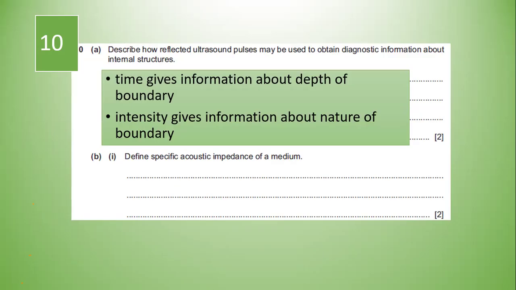Define specific acoustic impedance of the medium. Okay. Product of density of the medium and speed of the ultrasound.